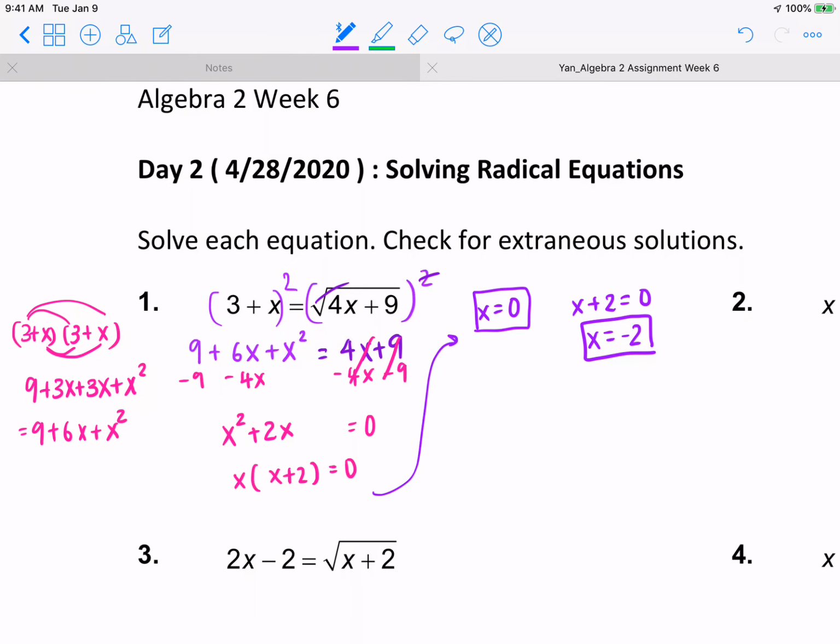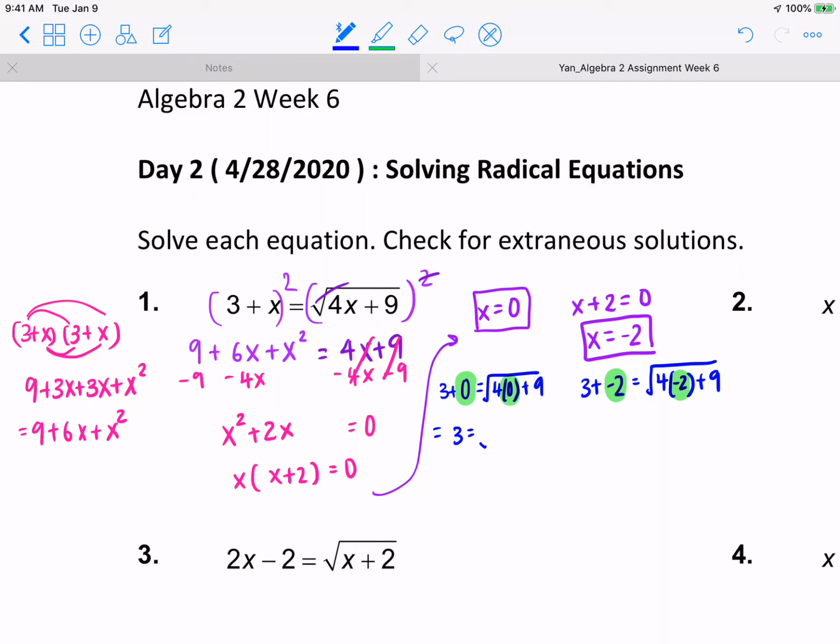Okay, so if you are going to substitute it back into your function, it will look something like this. And for negative 2, it will also look like this. Okay, so I substitute my numbers back in there.